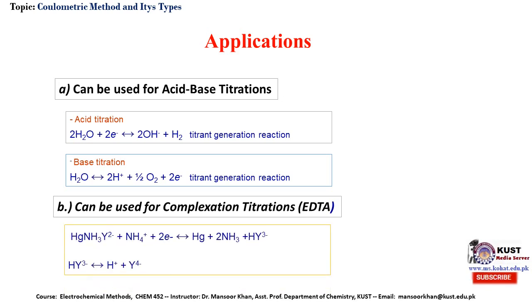Here HgNH3Y minus 2 is basically the ligand which reacts with NH4, and H4Y, Y minus 4, is basically the EDTA which is used as a titrant, and it is hexadentate and gives 6 electrons.